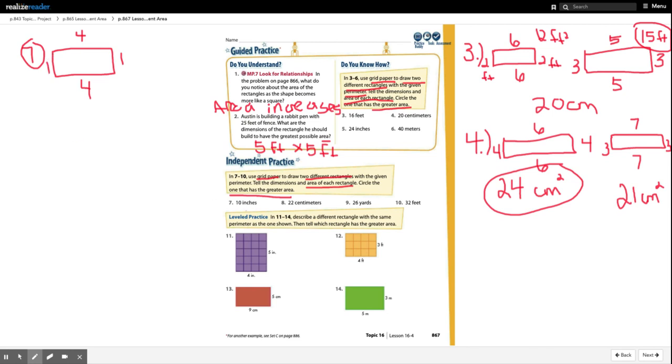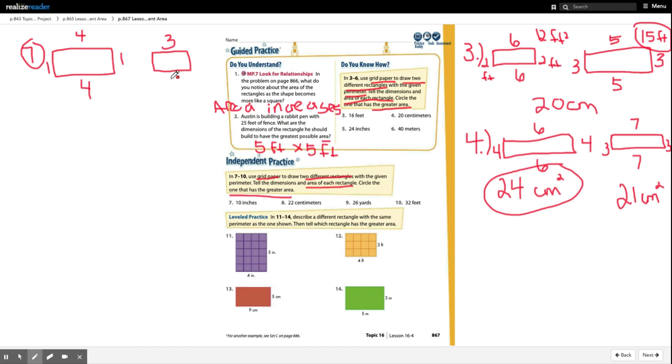But we're not done yet. We need 2 different rectangles. So now think again, what other numbers can we get that are different but still give us the same perimeter of 10 inches? You're thinking 3.